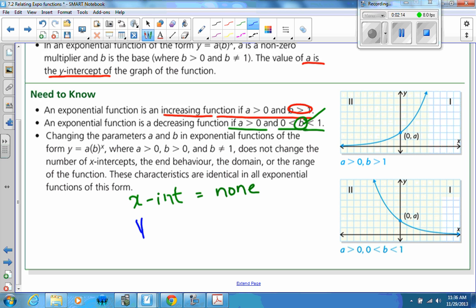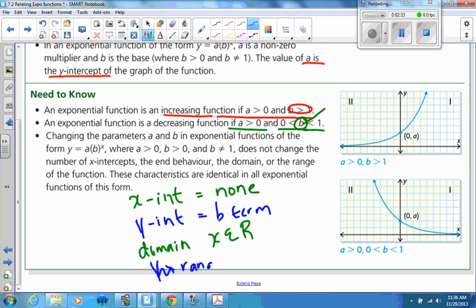Your y-intercept for these graphs is equal to your a term. Your domain, which is related to x, is all real numbers. And your range, which is y, is always greater than 0.